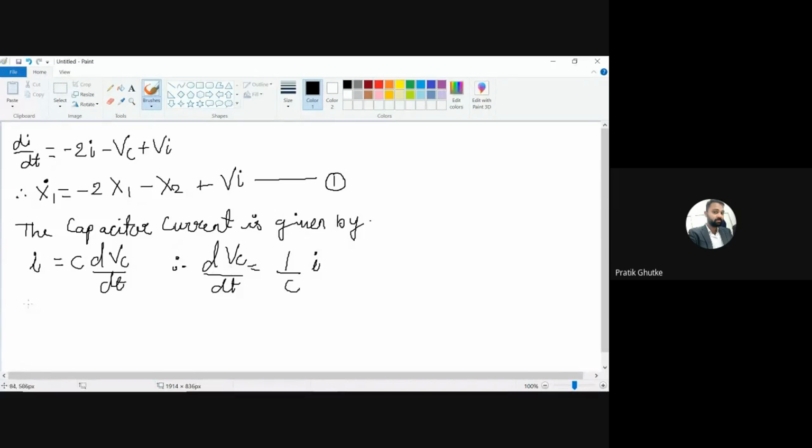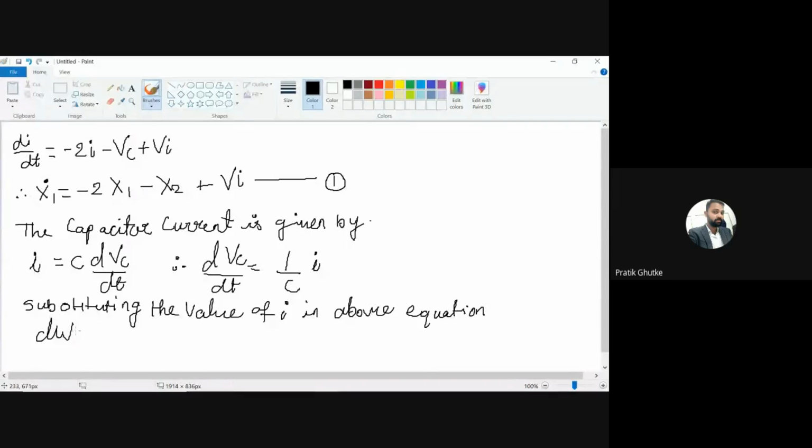Now substituting the value of I in the above equation. So dVc by dt equals I. Okay.